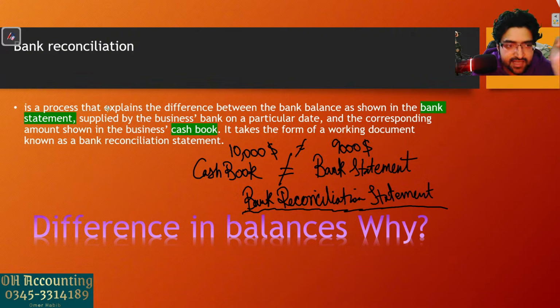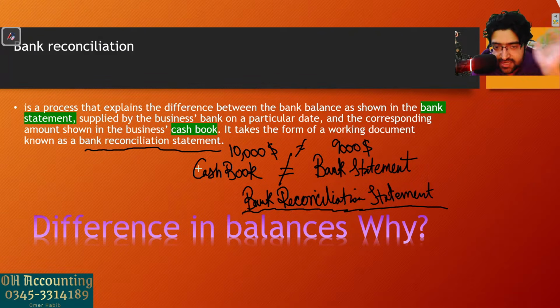Okay? Let me read this as well. Bank reconciliation is a process that explains the difference between bank balance as shown in the bank statement supplied by the business bank and the corresponding amount shown in the cash book. It takes the form of a working document known as a bank reconciliation statement. Understood?